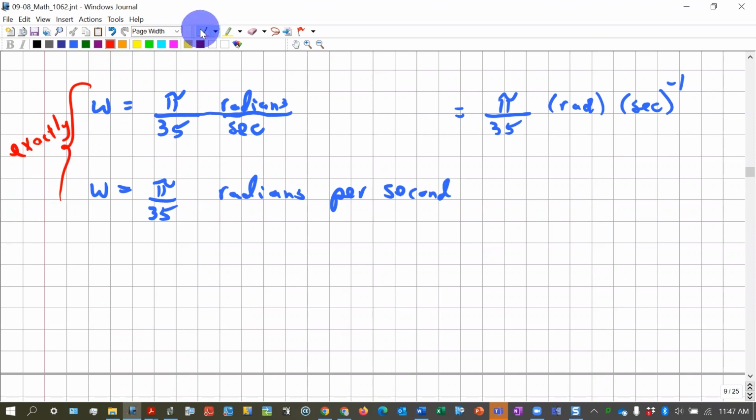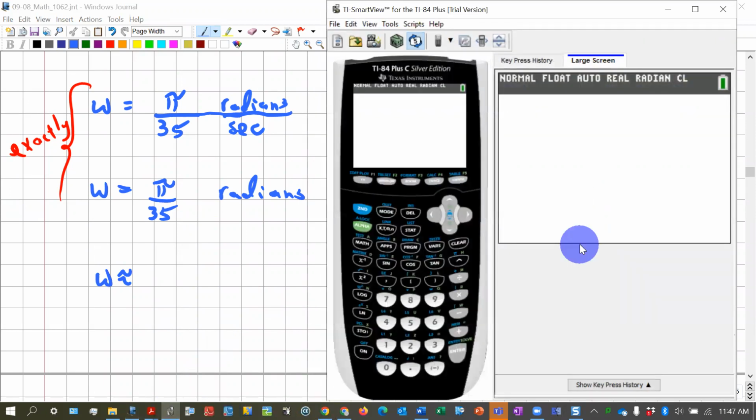If we want the decimal answer, then we can get our calculator out. And if we know we want the decimal answer, we wouldn't even have needed to simplify the fraction.